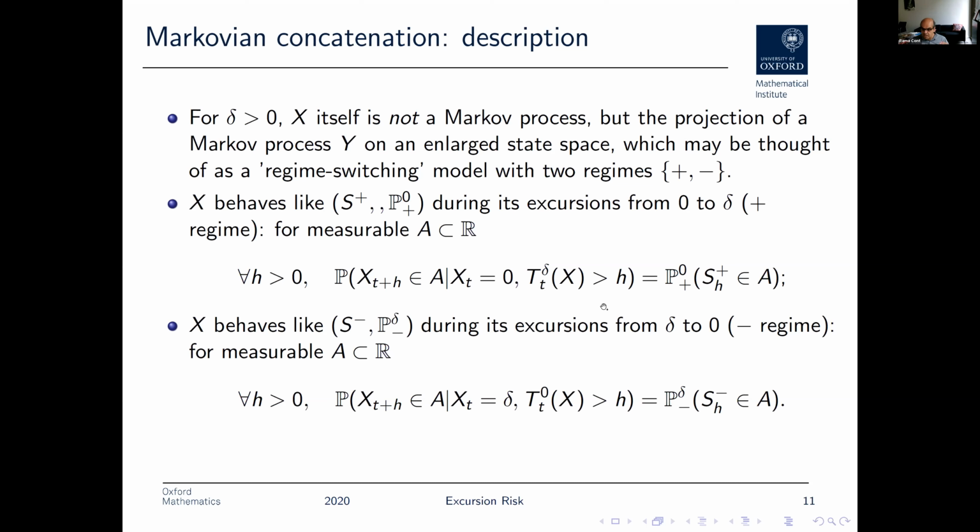Okay, so these two equations completely describe the transition probabilities of X, although X is not Markov, because S plus and S minus are Markov. So you have a non-Markov process, but slightly more complicated than a Markov. Yet you have a precise description of the transition probabilities. You have a description of the generator of the Markovian lifting, so you can simulate and compute everything with this.